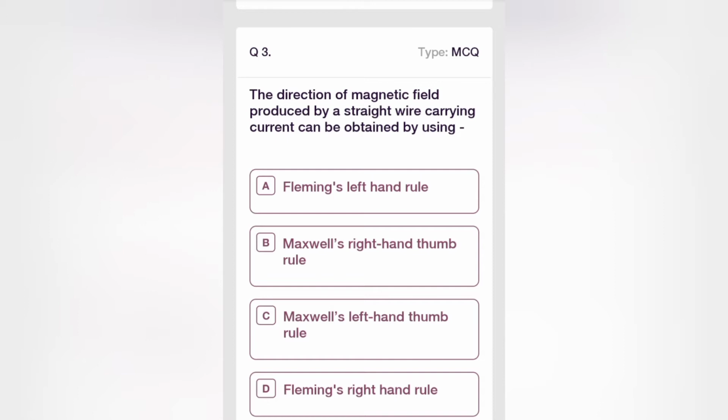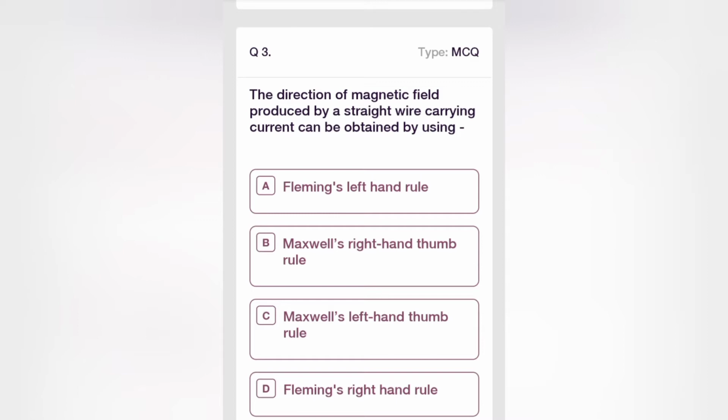And third one, Maxwell's left-hand thumb rule. We don't have such a rule. And Fleming's right-hand rule is used for finding out the direction of induced current in the generator. So option B is the correct answer.